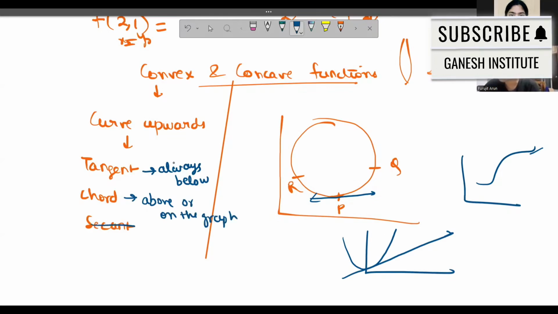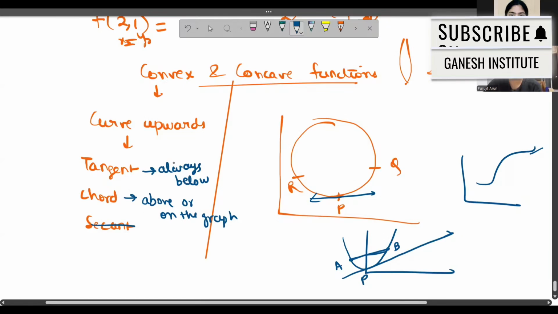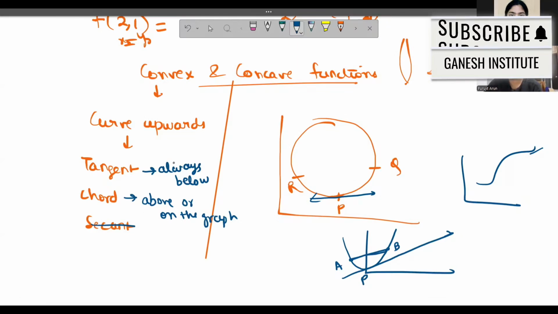So if I have a chord, I need to make it using 2 points of the graph, let's say AB. So that means the chord has to be either on the graph or above the graph, right? Got it, ma'am. Just one second, I'll note that down.